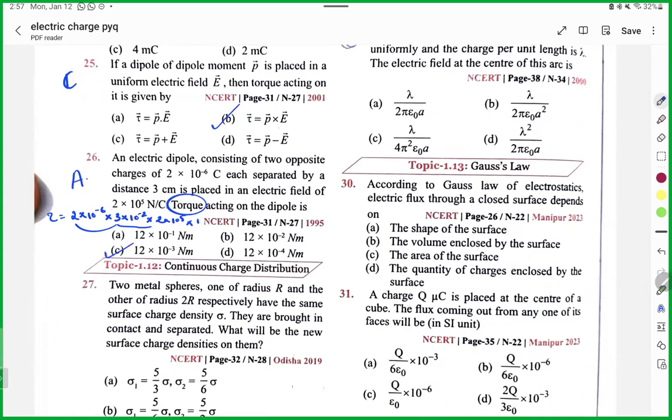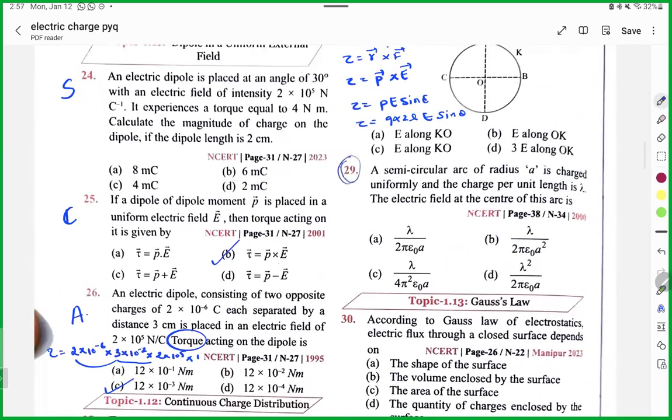Yes, Sara. Sir, 2. So you have to calculate what?